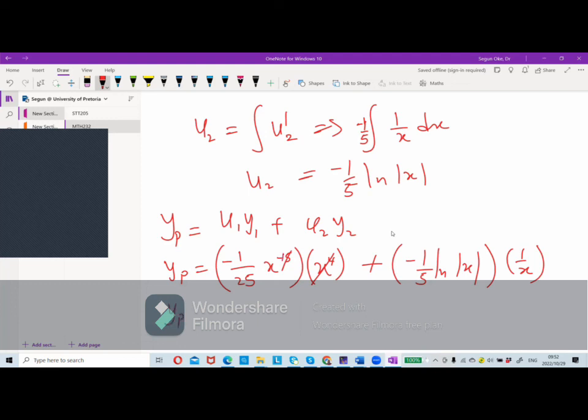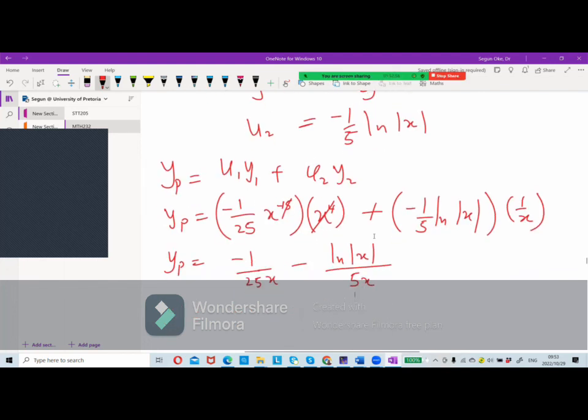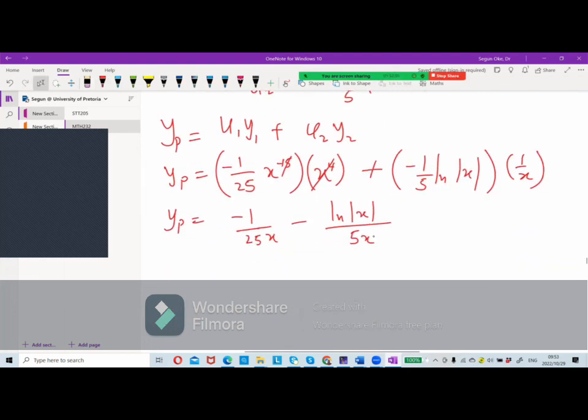So you have yp to be equal to negative 1 over 25. Just write them down first. Minus ln x over 5x. So that is our yp. Now our general solution will be y equals yc plus yp.